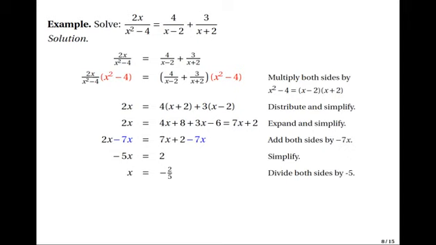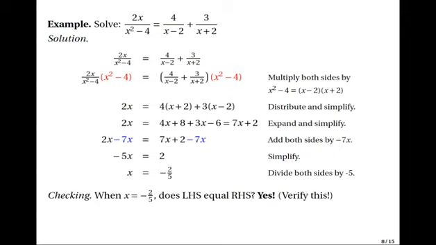And take note, the x is equal to negative 2 over 5. And I mentioned earlier that our restriction is that x cannot be positive 2 or negative 2. And we have that here. Therefore, this is a very good candidate as a solution to this equation. In fact, if you do the checking part, you will get the equality. Okay?